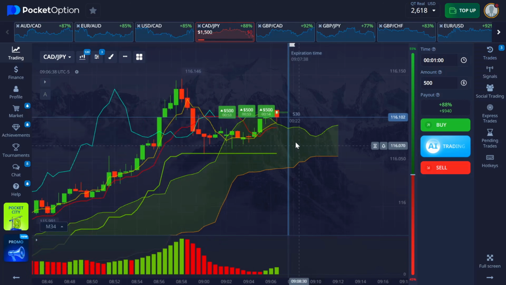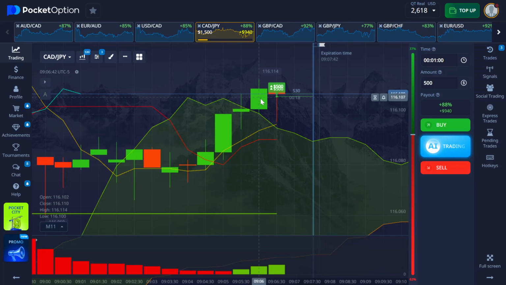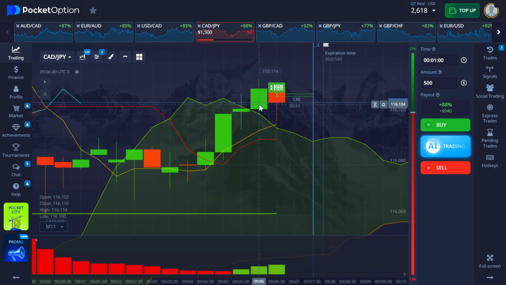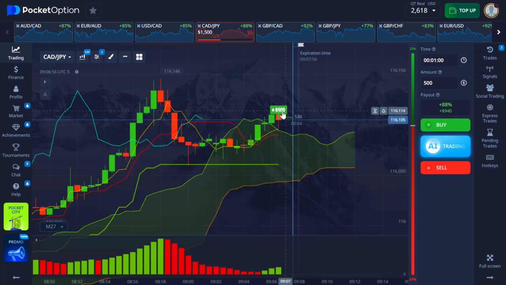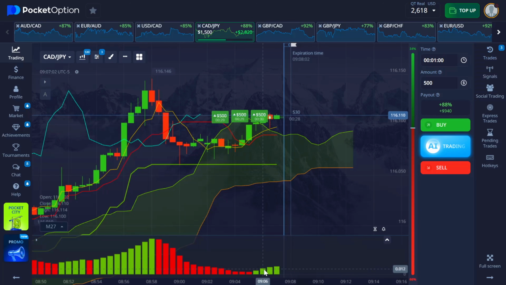If you pay attention closely, let me zoom in. You could see that the price broke the Ichimoku cloud right here. This was the first candle which broke it, and the awesome oscillator also indicates that buyers are in control because you notice this green candle was bigger than the previous one. So this shows us strength from the buyers.